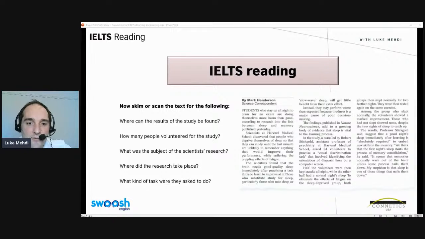Yeah, Harvard Medical School, absolutely. Well done, Maki. And what kind of task were the volunteers asked to do? How did they do this research? What task?